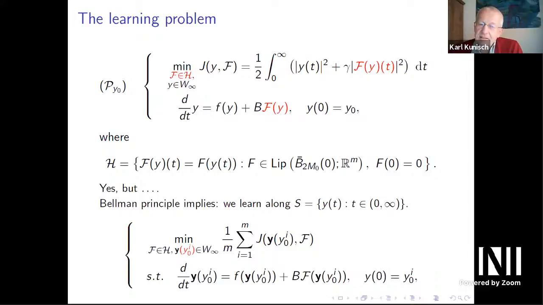Well, that is not going to do the job at the end, right? On the other hand, let me recall that due to the Bellman principle, we really learn already all along this trajectory, y of t, right? So whatever the domain of the feedback function here is already this set S for just one initial condition.